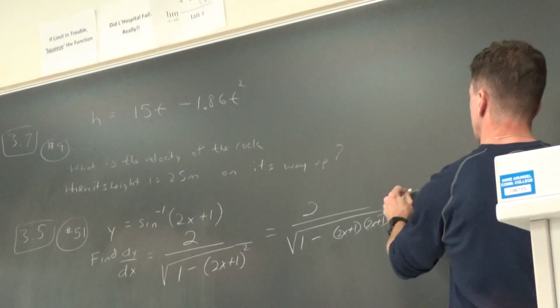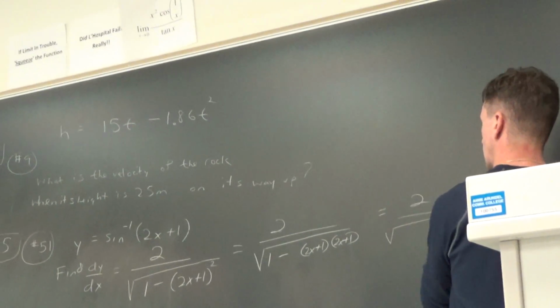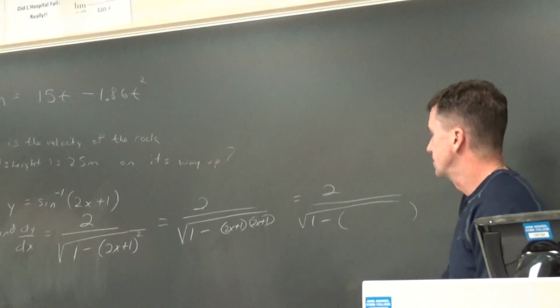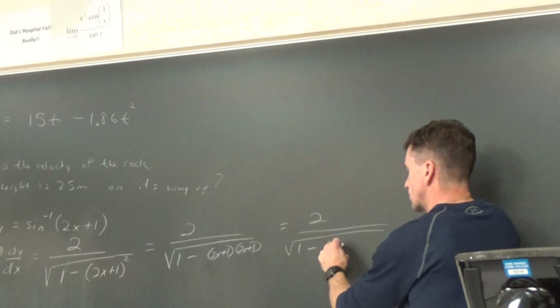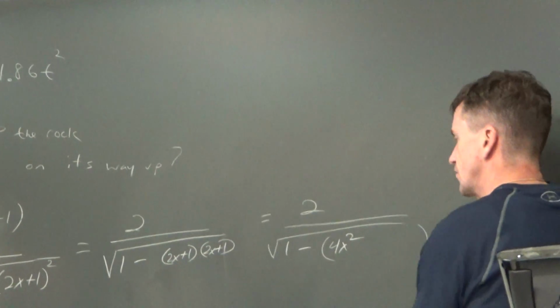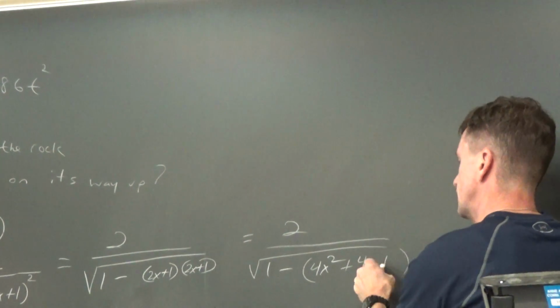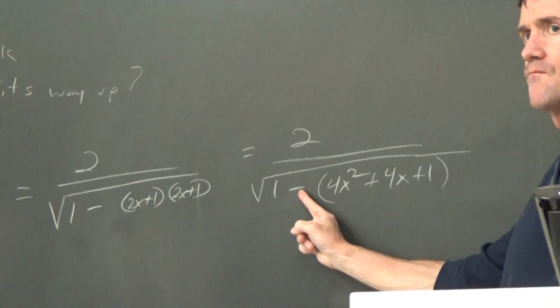What do we get? 1 minus, let's keep a parentheses around that, 4x squared plus 4x plus 1, all under the radical, but I haven't distributed the minus yet. So far, so good? Cool.